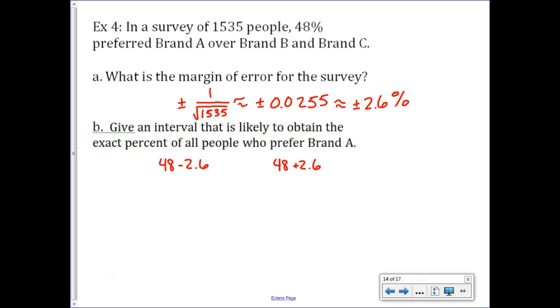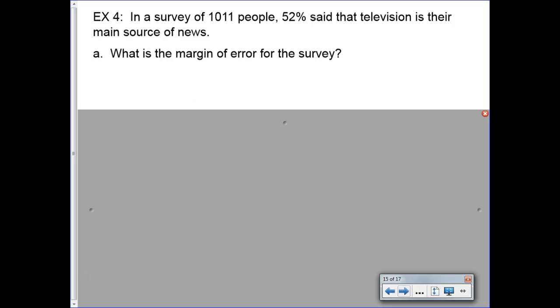So 48 minus 2.6 is 45.4%. 48 plus 2.6 is 50.6%. So somewhere between 45.4 and 50.6 is probably the percentage of people who prefer brand A over brands B and C.